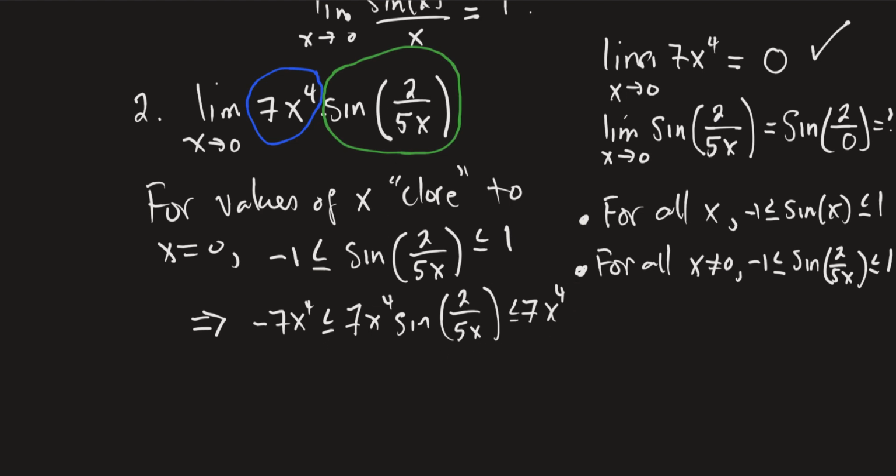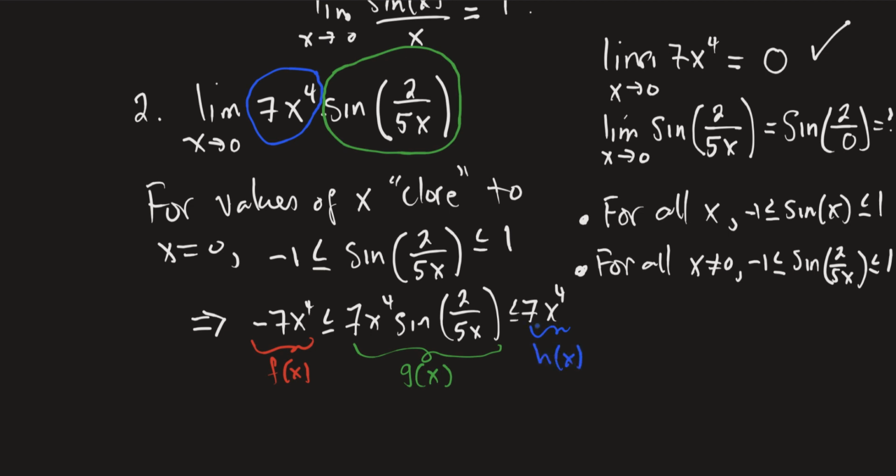So now what I'm going to do is use this function as my f of x. This is the function of interest. So this is my g of x, and then the upper function is this one, and this is my h of x.